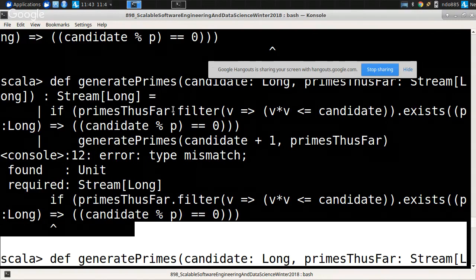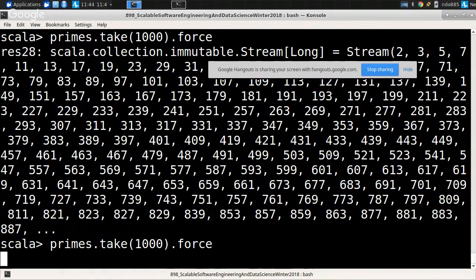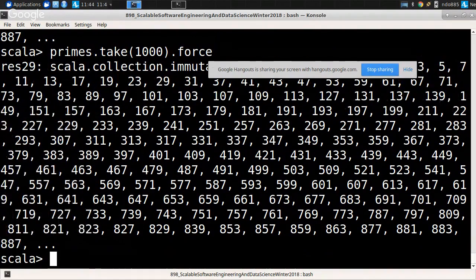What would be really nicer is if filter knew the primes are ordered, the primes thus far, it could be much smarter at stopping at a certain point, just saying from now on they're bigger than they need to be. But it goes through the entire list, so that's a considerable waste there. I don't know in Scala if there's a filter for sorted lists that allows you to be more intelligent about that, but I would think that would be a cost. So it's a good question. I want to think about it.